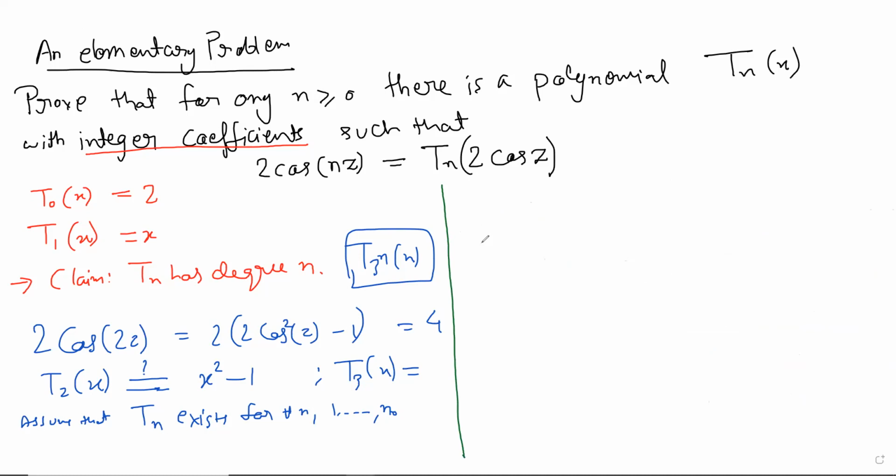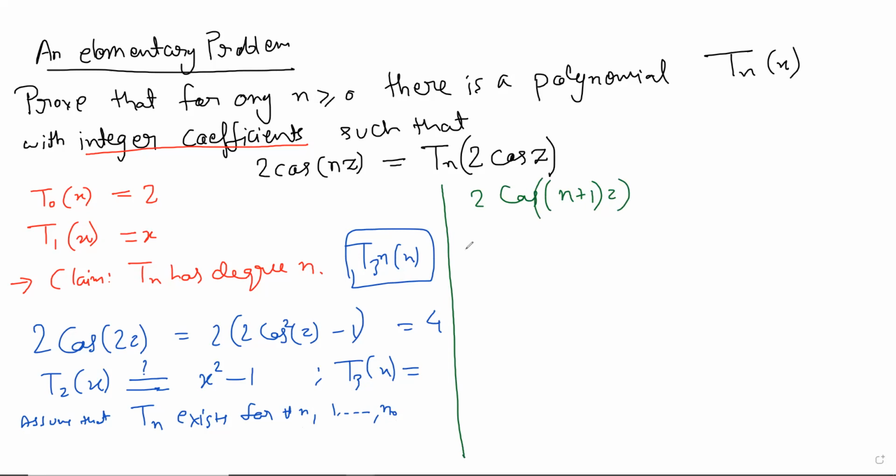For prime numbers, how would you prove it for prime numbers? I don't think that will be any easier. Right. But I think yes, if we assume this till n naught, then we can simply go for, like, if you want to write this nz, right?